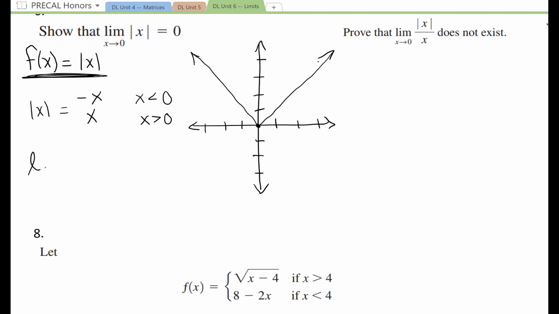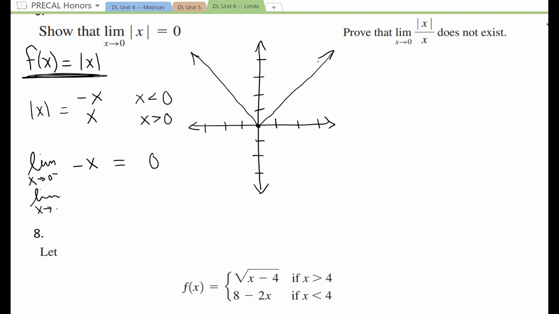The limit of the left-hand piece, so the limit of negative x as x approaches 0 from the left, this right here, is a line, so you can use direct substitution. That would be negative 0, which is just 0.